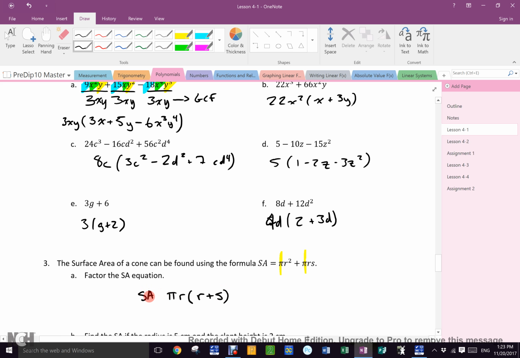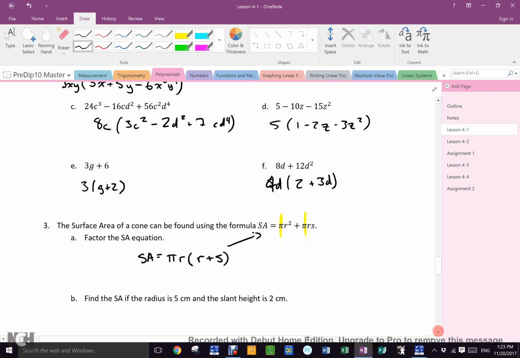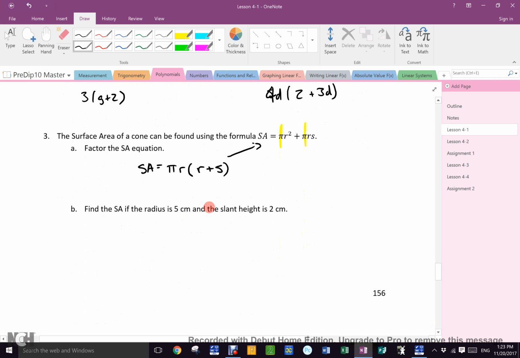That is the exact same formula as that. So now I don't need anything, calculators, nothing, because I know pi times r, 5, times r, 5, plus s, 2, is pi times 35, and we would write that as 35 pi.